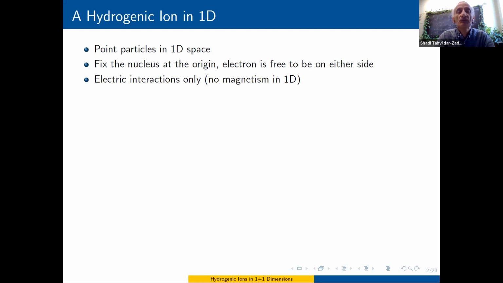And we are only going to take into account electric interactions. This is because there is no magnetism in one dimension. So what the electron is going to feel is the electrostatic potential from the nucleus. And the goal is to find the energy states available to the electron.